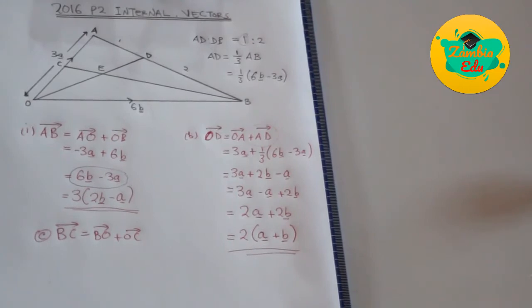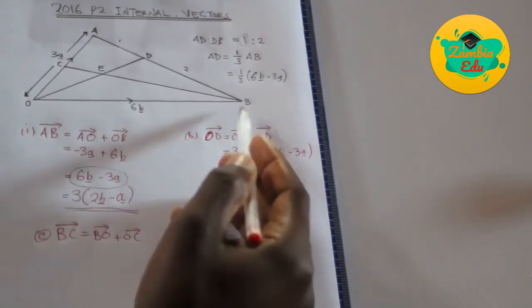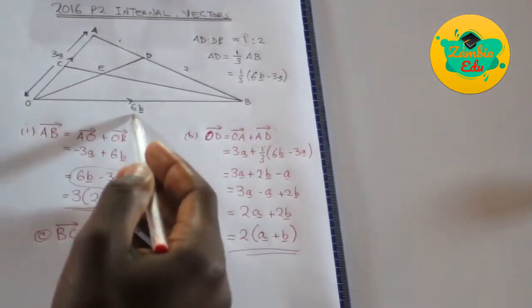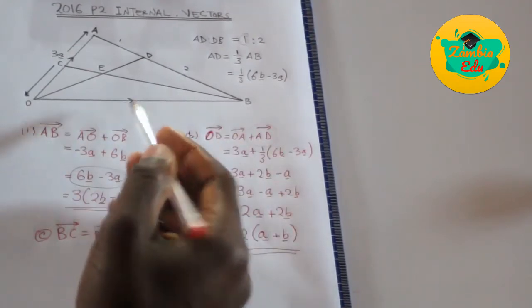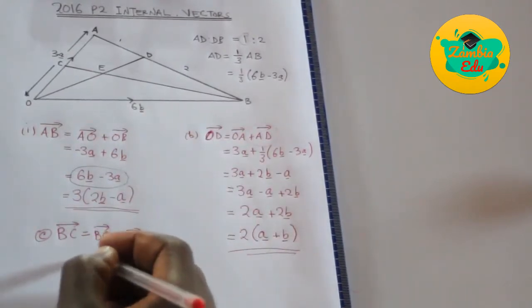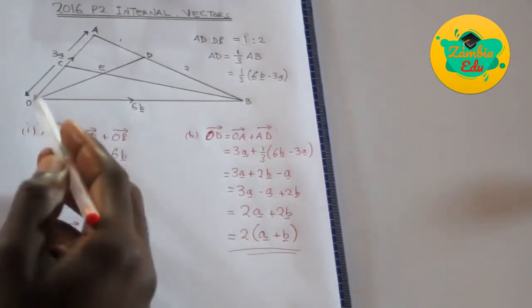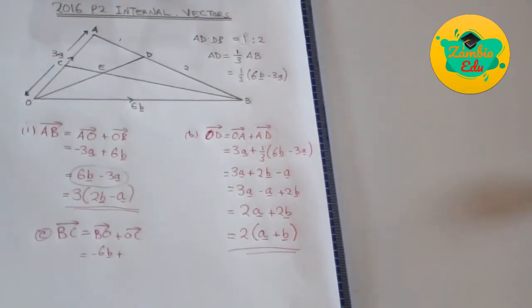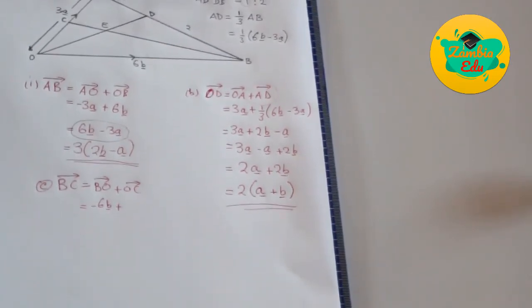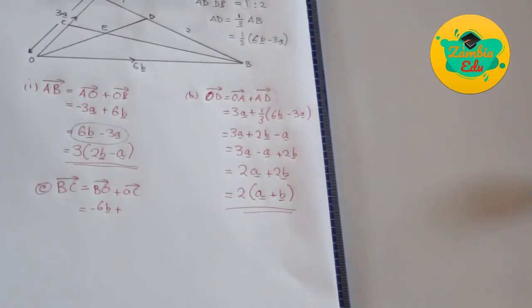Right, so having that, we know what our BO is, that's 6b, but since we are opposing the arrow, it becomes minus 6b, plus, what is our OC? For us to be able to get our OC, we go back to the main question.